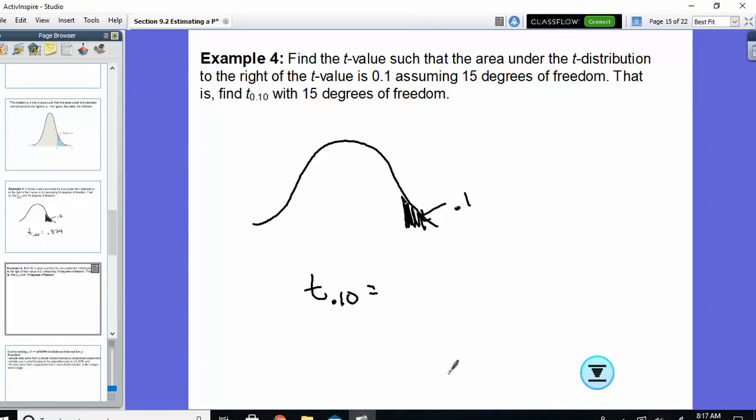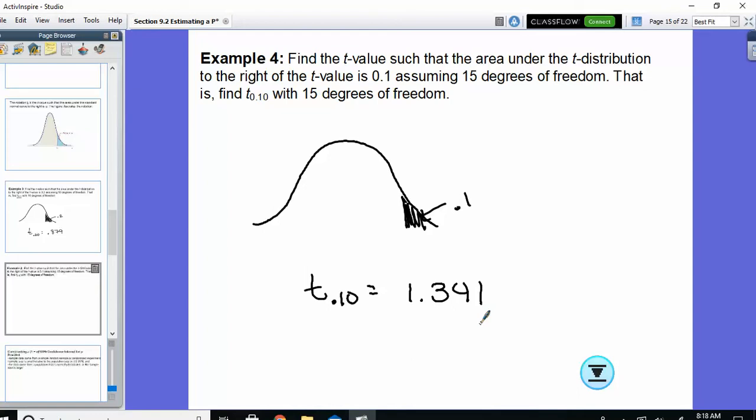On this table, the probability is across the top and the t is in the middle. So my probability is 0.1, degrees of freedom is 15, so you go down to 15 and over to 0.1, and you should get 1.341 for the t value. Everybody get that?